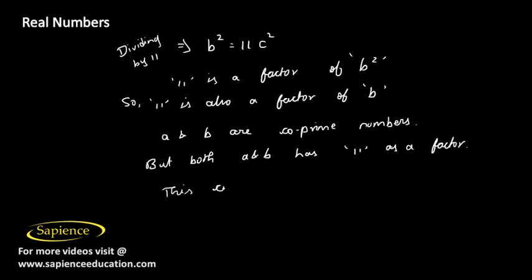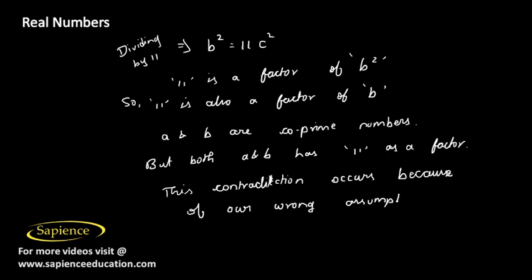This contradiction occurs because of a wrong assumption. Hence, root 11 is an irrational number.